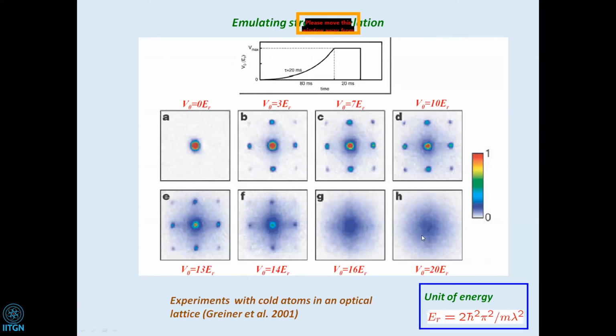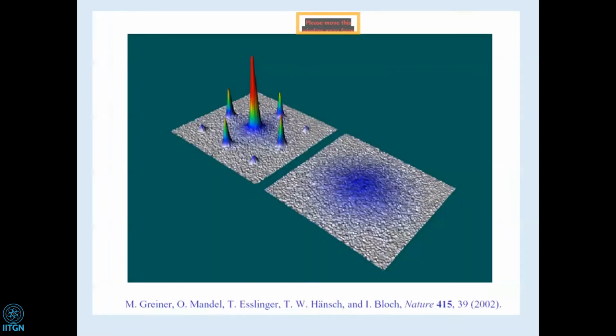So in doing this, we pass from a state which is very well delocalized in real space within the trap to one very well localized within the trap, and so there is clearly a transition here, and people have looked into this in more detail.